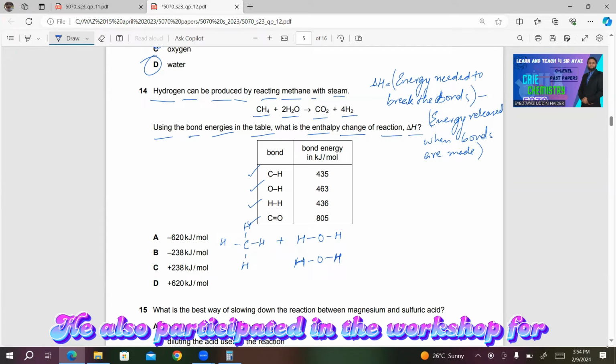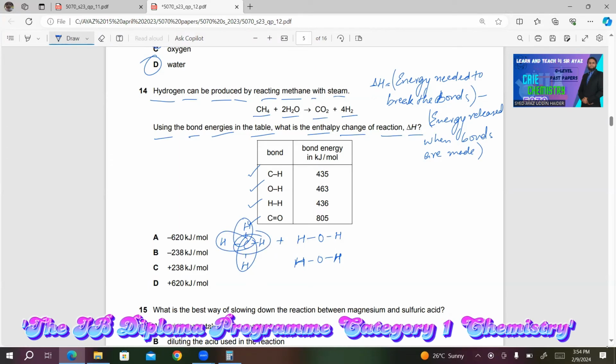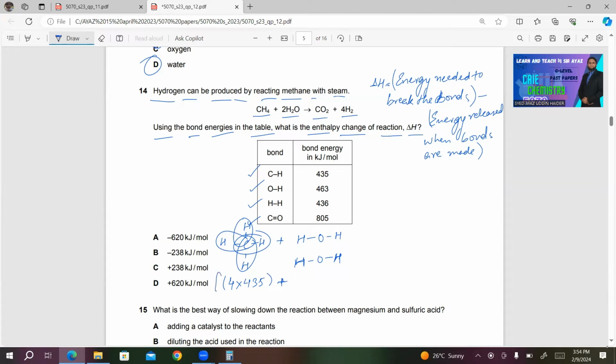How many CH bonds are there? There are 4 CH bonds. 1, 2, 3, 4. So 4 multiplied by 435. Plus, how many OH bonds are there? 1, 2, 3, 4. 4 multiplied by 463.